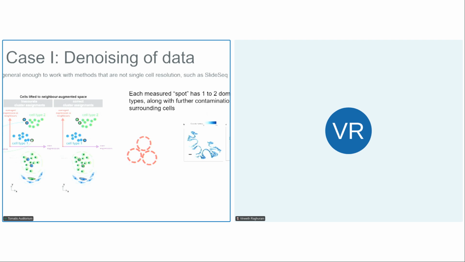So in particular, this cell, if it's in a neighborhood with all these other cells over here, should be labeled as blue, and these cells should be labeled as green. And this is a hypothesis, and we thought, okay, let's try this out on real data and see if this sort of thinking plays out with real data.